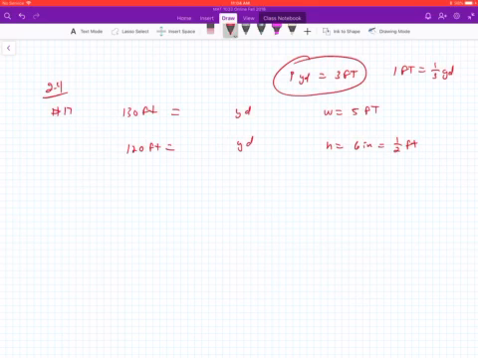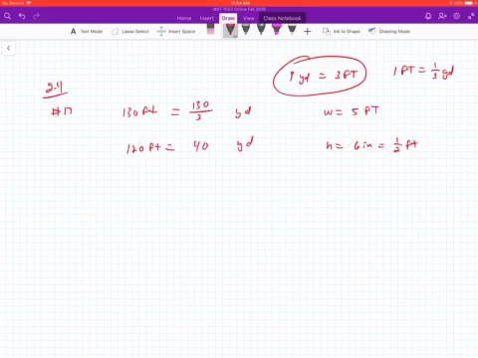Therefore, if we have 130 feet and divide that by 3, we get 130 over 3 yards. That might be the best way to leave that value. Now, if we have 120 feet and we divide that by 3, we get 40 yards.